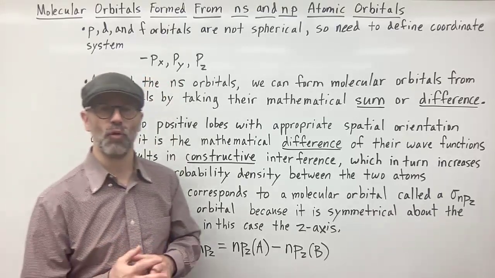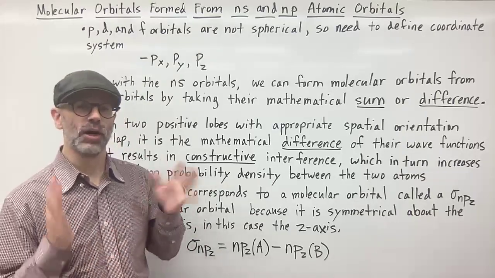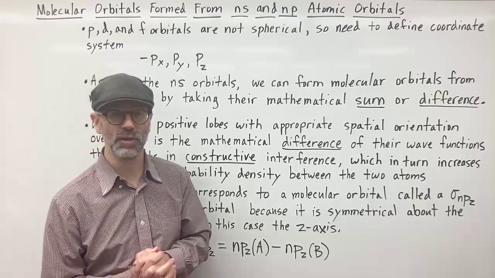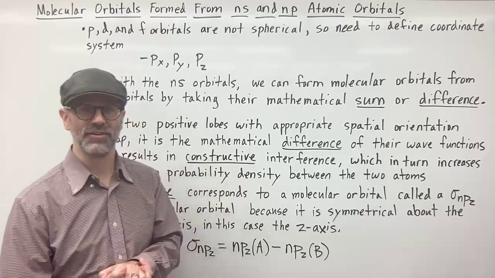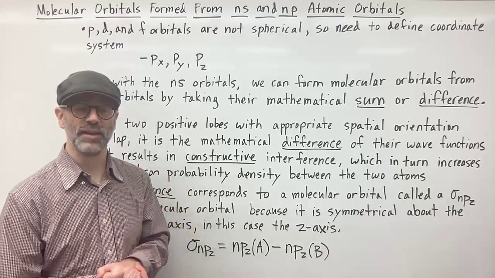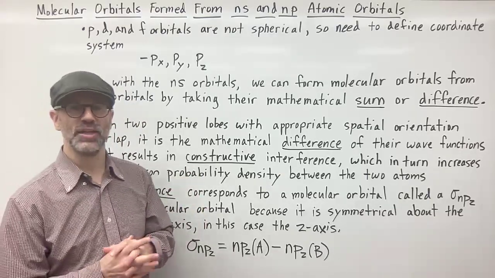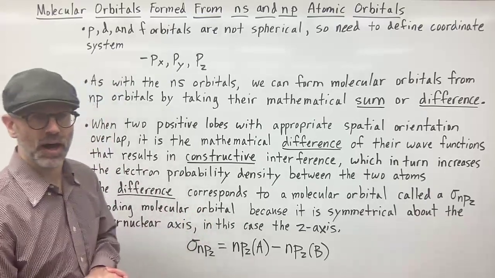And the same goes for your d and f orbitals as well. But we're going to focus on the p orbitals since those are the simplest ones, next to the s orbital. The s orbitals are spherical, but the p orbitals are not. They have like a dumbbell or clover shape, if you will. And so we need to identify them by what axis they are on.